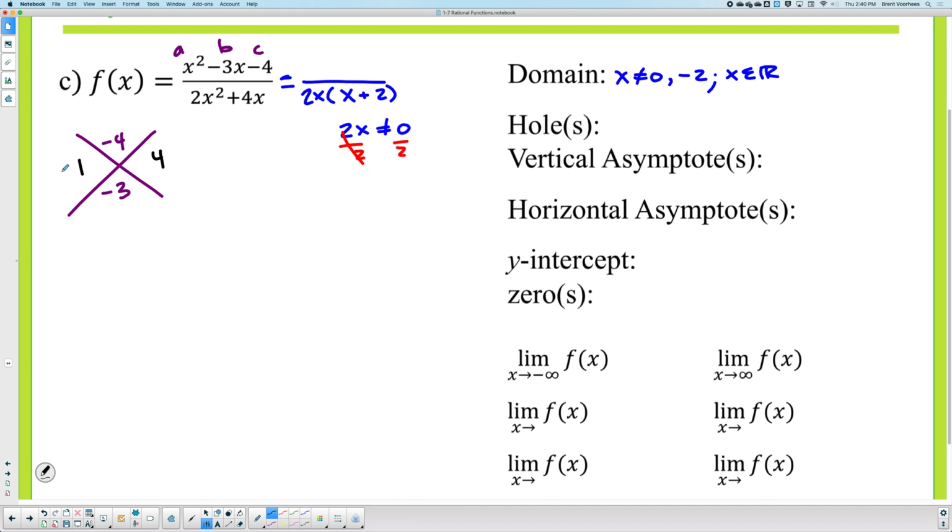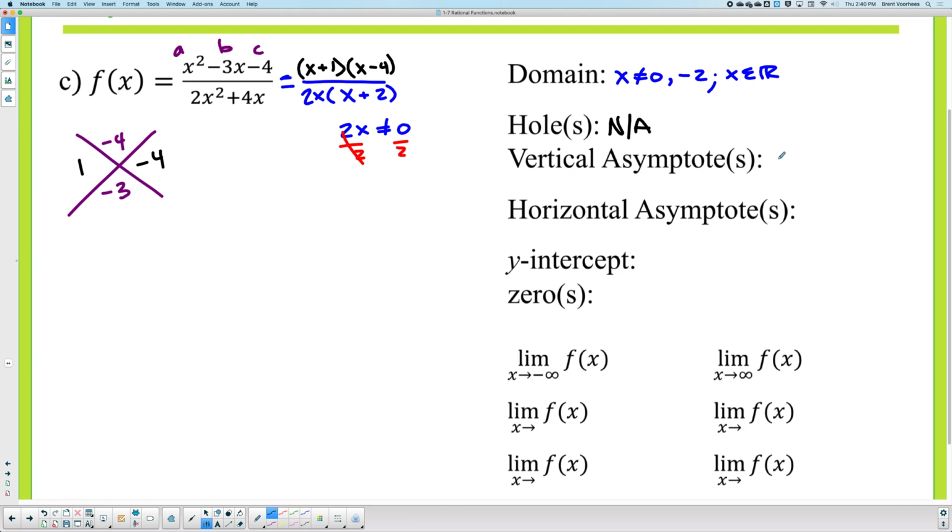Remember the options are you can have a negative positive, a positive negative, positive positive, or negative negative. Which way gives us a -3? -4. 1 minus 4 is -3. Good. We split the middle term, so it should become x plus 1 and x minus 4. Can I cancel anything? If you can't cancel, what does that mean? Holes or vertical asymptotes? They're going to be vertical asymptotes, so we have no holes.